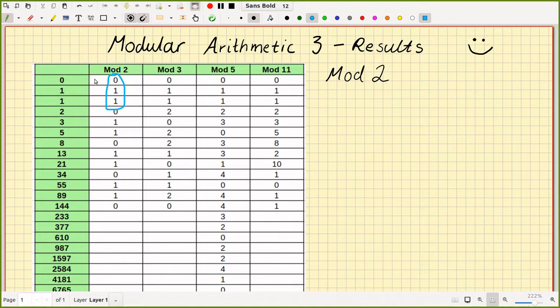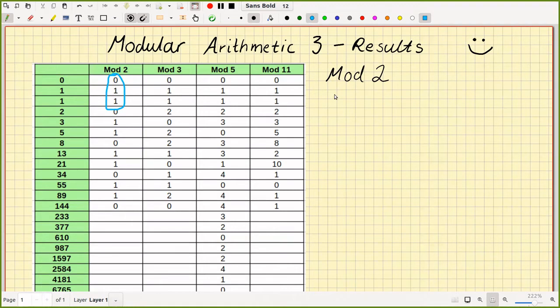Now a cool thing is, if our pattern repeats every 3, and we've got 0, 1, 1, one of these numbers is a 0, and like I just said, if it's a 0, that means it's a multiple of 2.